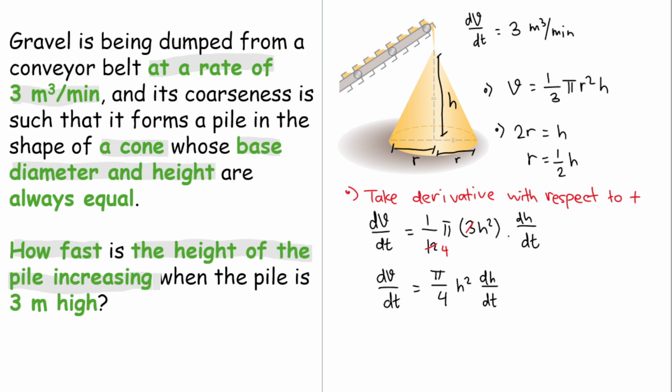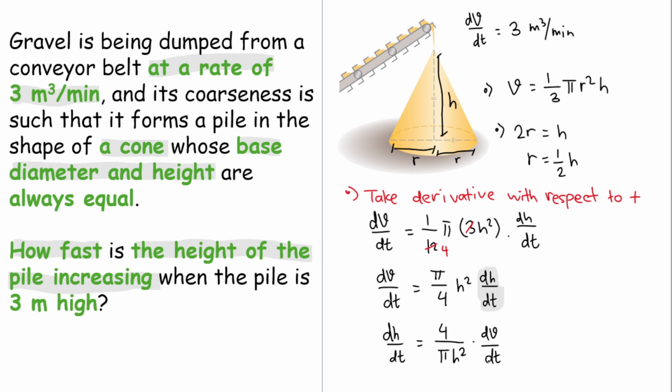So we need to find out this dh/dt, right? Let's isolate that, dh/dt. That will equal 4 divided by pi h squared, and then multiplied by dV/dt.